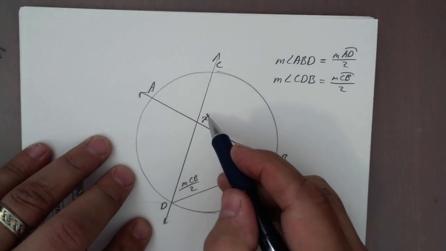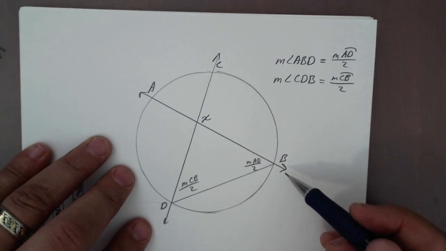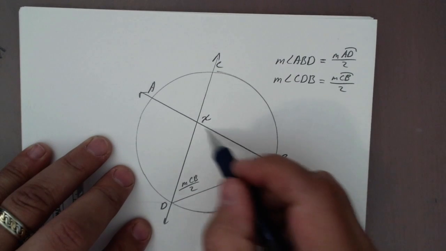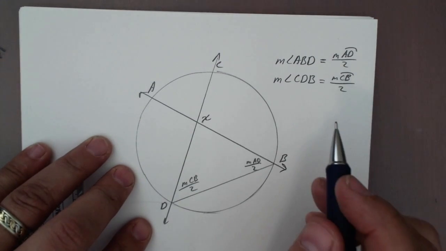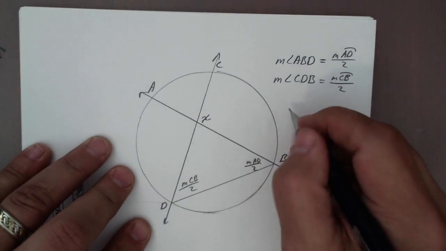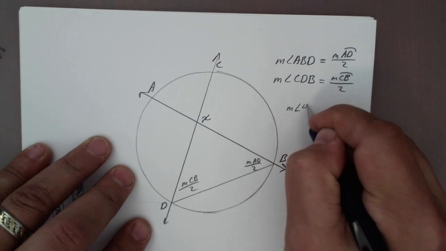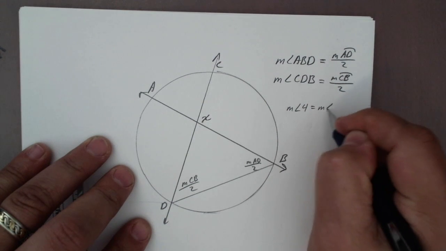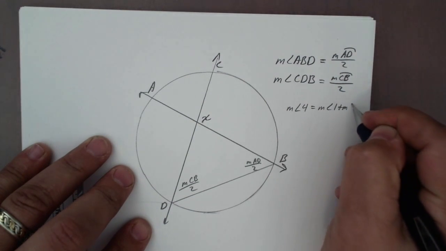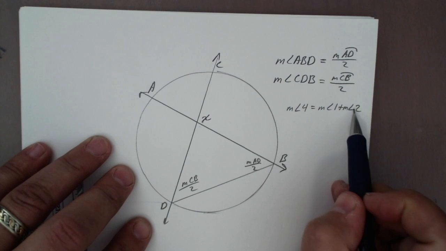Now, the exterior angle of a triangle theorem. So remember, this is our triangle, and x is an exterior angle of a triangle. The exterior angle of a triangle theorem states that the measurement of angle 4 is equal to the measurement of angle 1 plus the measurement of angle 2. So there are two remote interior angles.